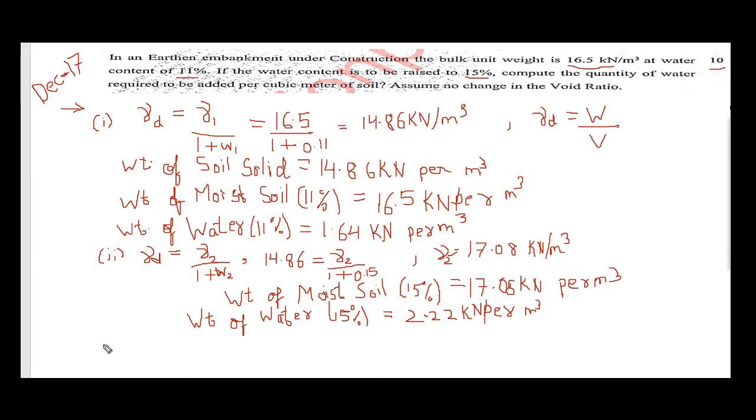Therefore, the amount of water to be added per cubic meter is 2.22 kilonewton minus 1.64 kilonewton.